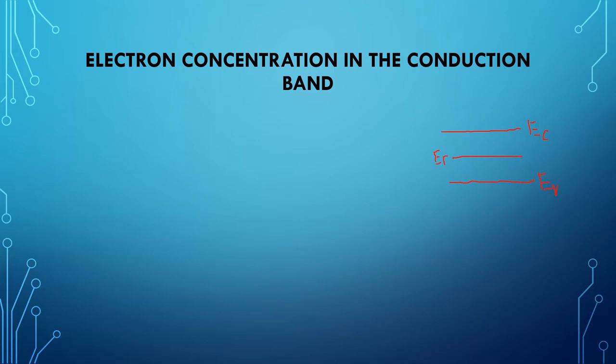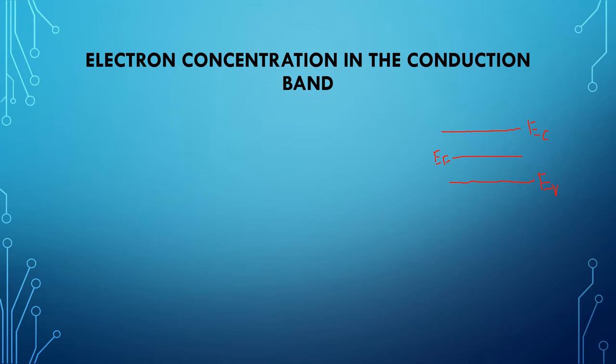We know that the valence band is full of electrons and the conduction band is empty or partly filled, right? When we externally excite these valence electrons, they reach from the valence band to the conduction band and current flow will start, right? So EF is the highest occupied energy state, which is known as the Fermi energy.